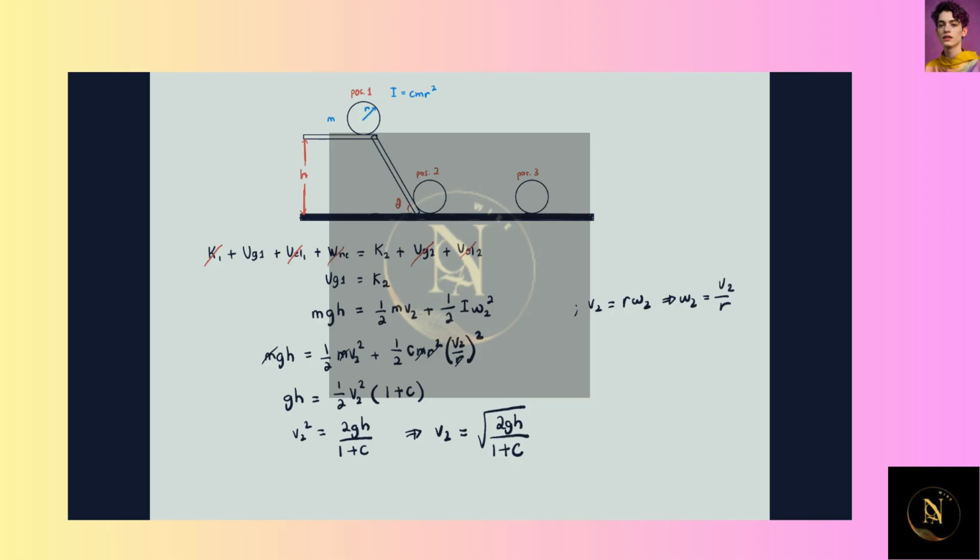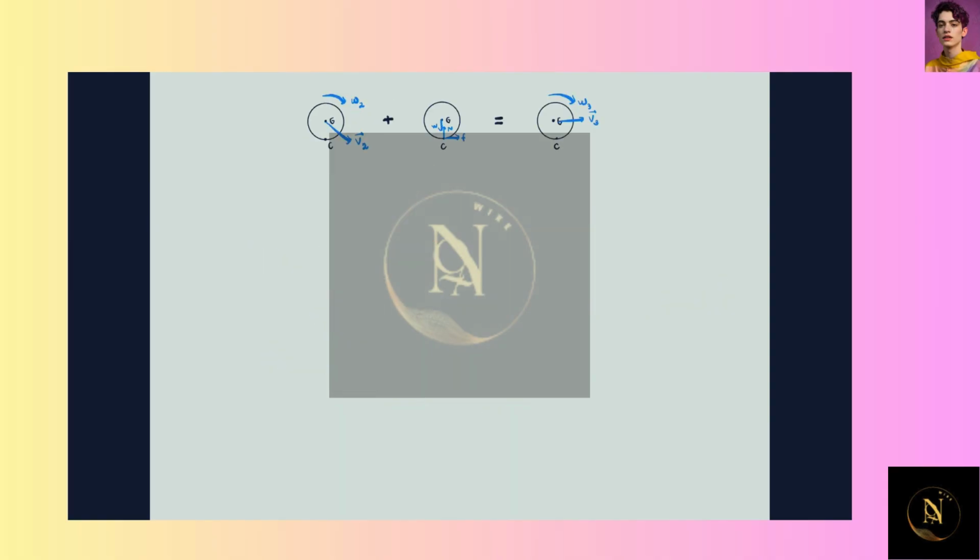Now, we will apply the concept of impulse and momentum. Here's a diagram to help visualize the scenario. This diagram shows what happened between time 2 and 3. The ball slipped for a short distance, then starts rolling again, as stated in the problem.